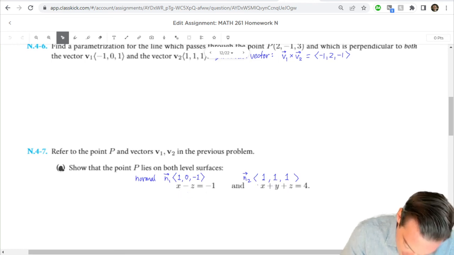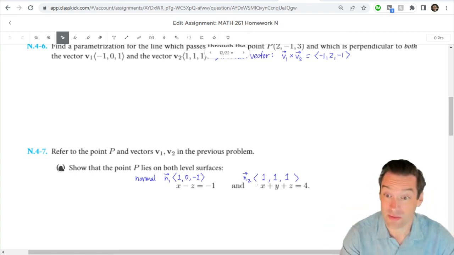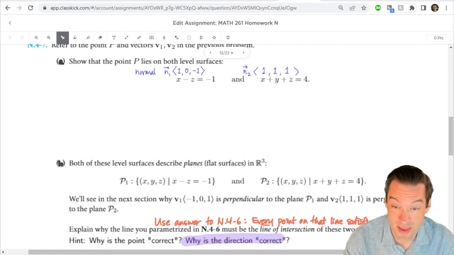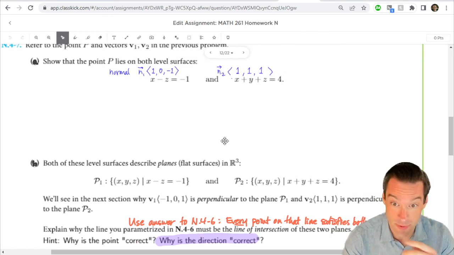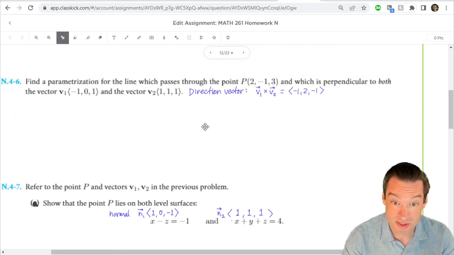And so that gives the geometric description of if we didn't want to directly use the parameterization that we got in question 6 and just stuff it into both of these plane equations, then a more geometric way to do it would be to say, well, the normal vectors to these planes were precisely the two vectors that we took the cross product of to find the direction of our line to begin with.